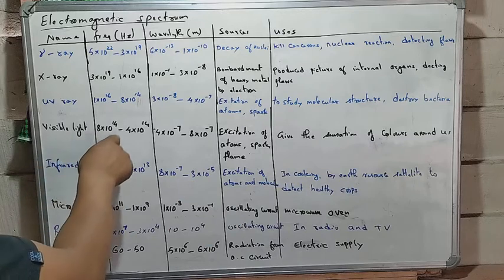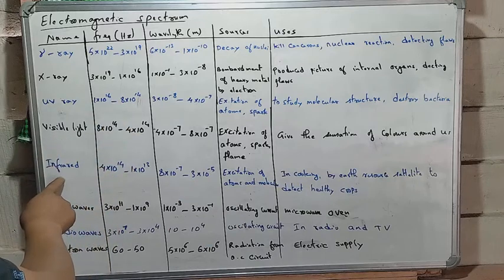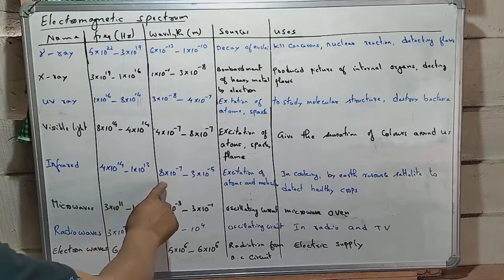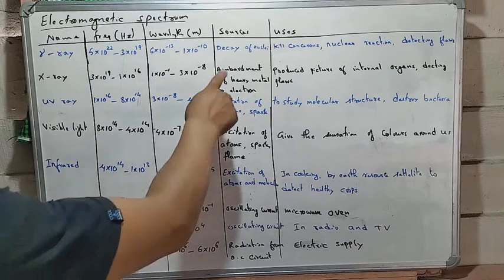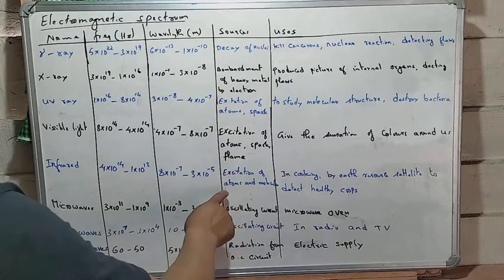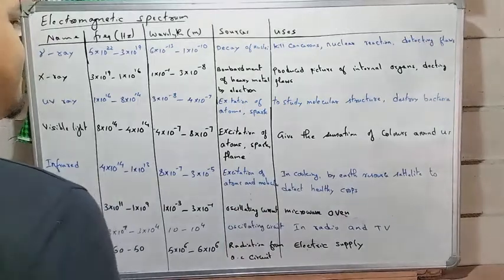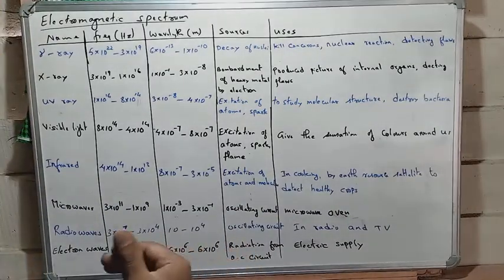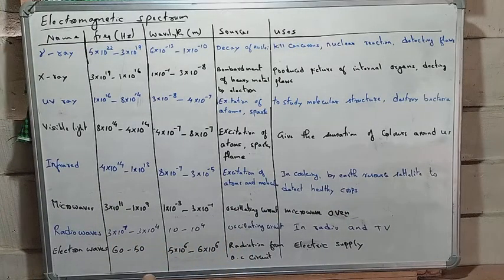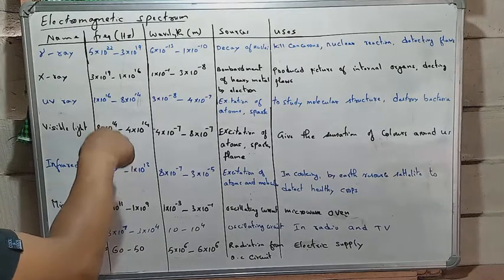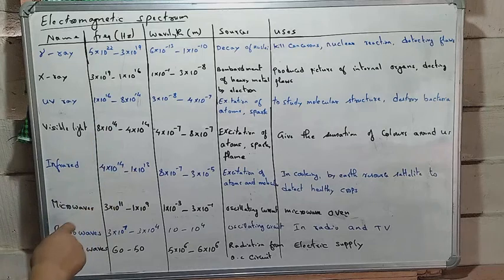Now the wave with slightly less frequency than visible light is infrared. Infrared has this frequency, this range of wavelength, and its source is the excitation of atoms and molecules. It is used in cooking, or by Earth satellites to detect healthy crops. The next wave, which has less frequency than infrared, is microwave.